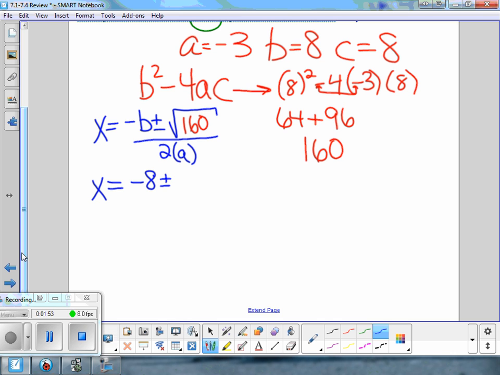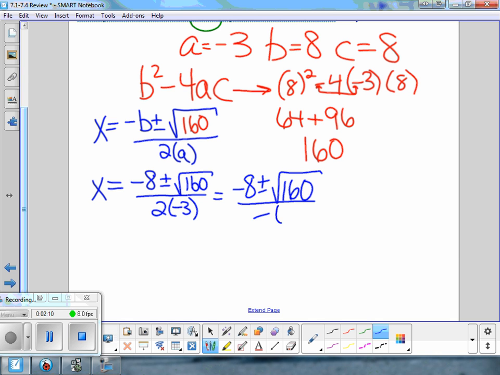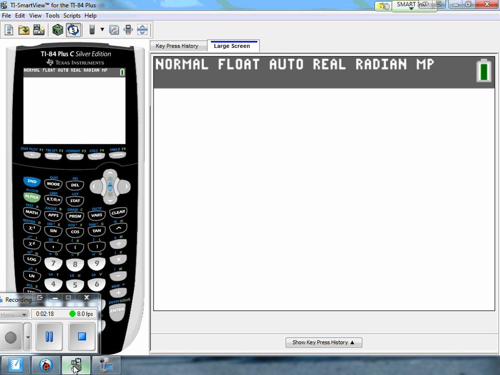Then we're going to have the square root of 160 because that was the discriminant. And that's all over 2 times A. 2 times negative 3. So we're going to need negative 8 plus and minus the square root of 160, and then we divide by negative 6. So this is where the 2 solutions will come from. These will be the 2 x-intercepts of this parabola.